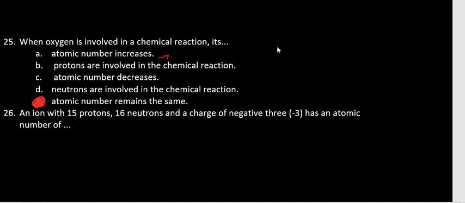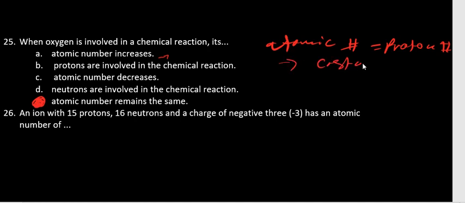The proton number, which is equal to the atomic number, is constant. But what is involved in a chemical reaction is electrons. So electrons are the ones that take part in a chemical reaction.